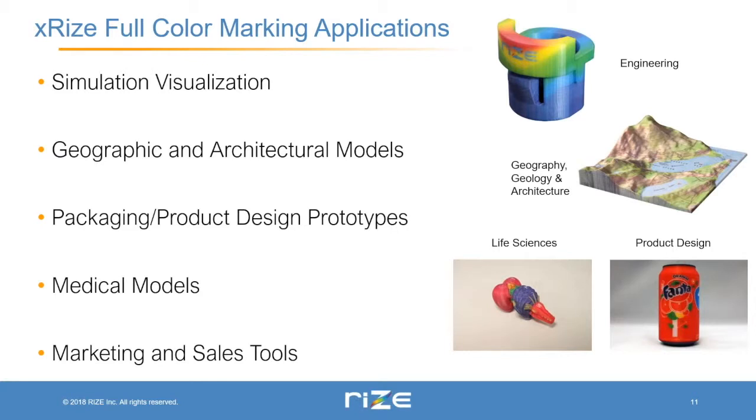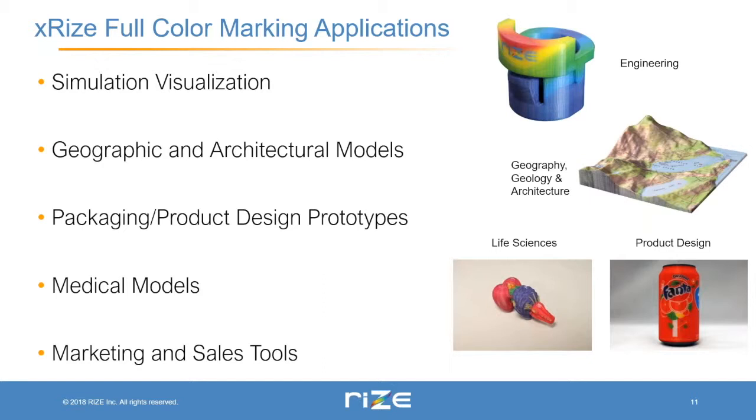So most of the markup technology that I've discussed in this webinar has related to our Rise 1 3D printer, which has a single color of marking ink and applies it in monochrome. So you can still, of course, get different shades of it, but you are basically just using the white base material with a blue ink.